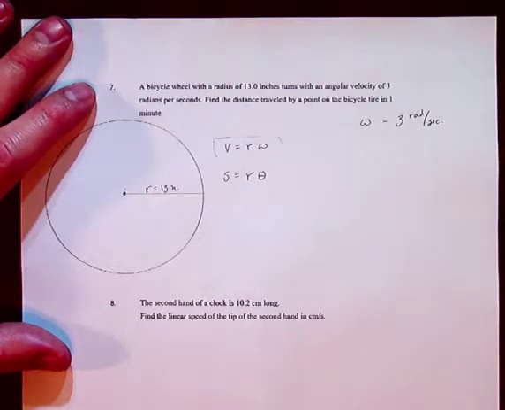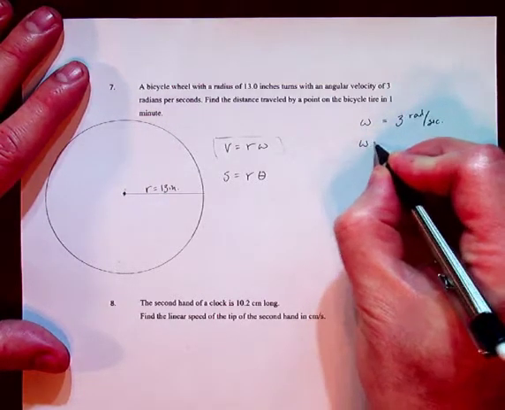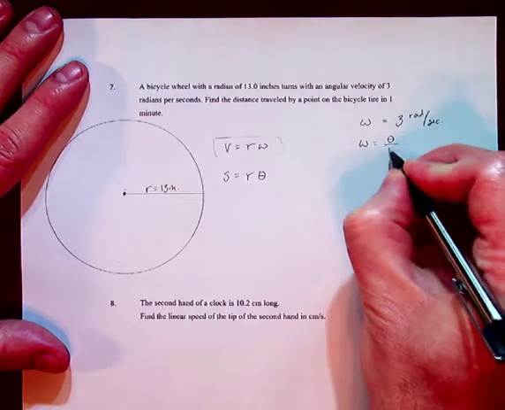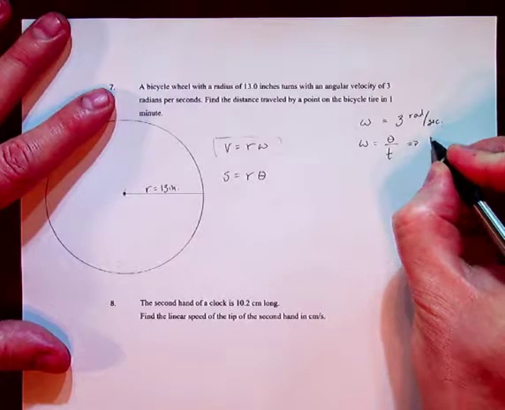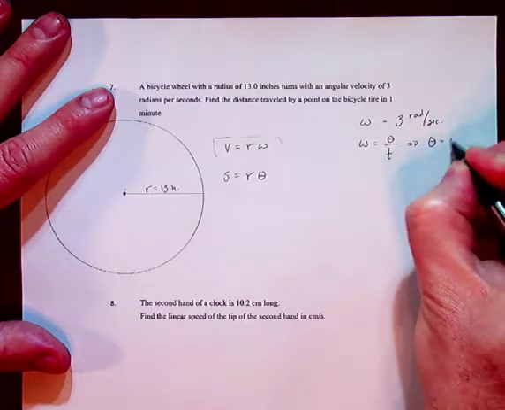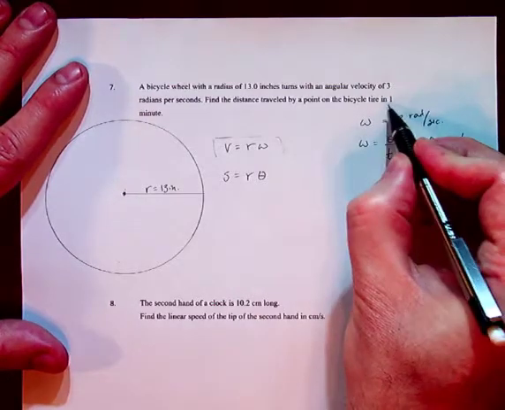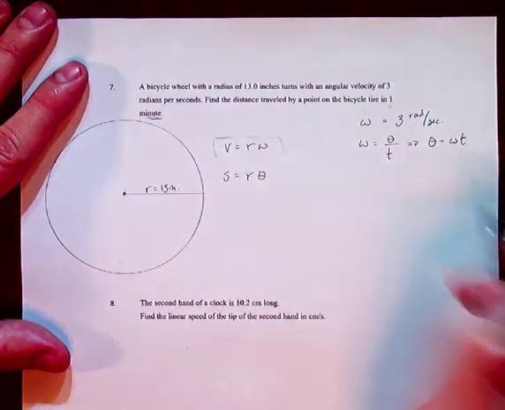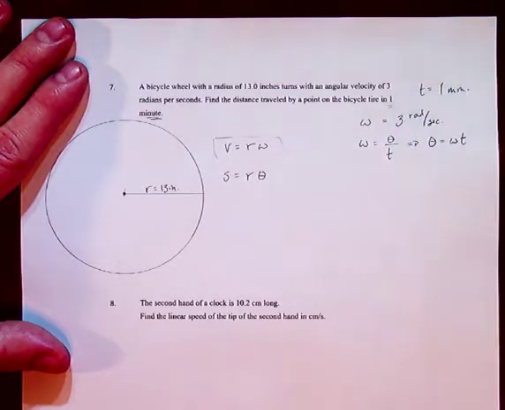Okay, well, here's the thing. Omega over here is theta over t. That can become theta is equal to omega times t, because guess what else you have? In 1 minute, you have t is equal to 1 minute.